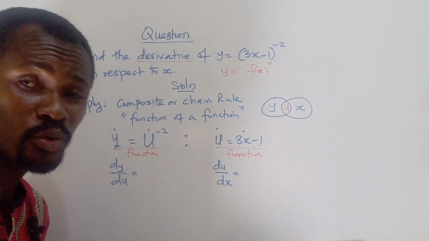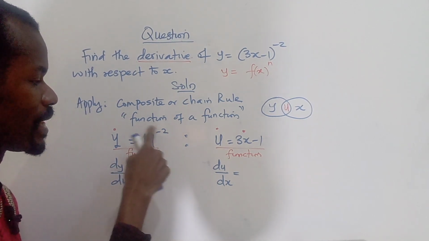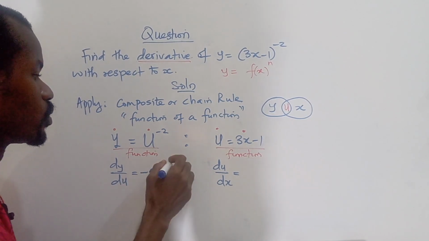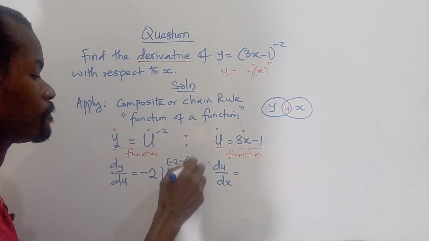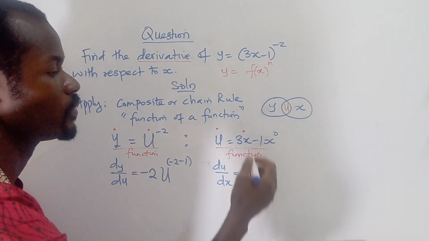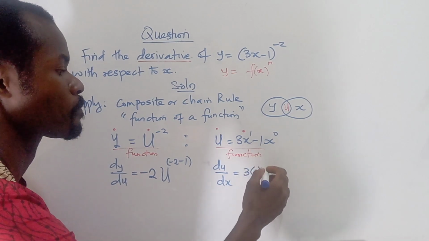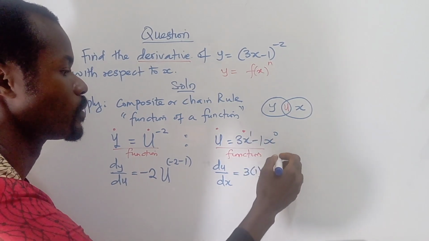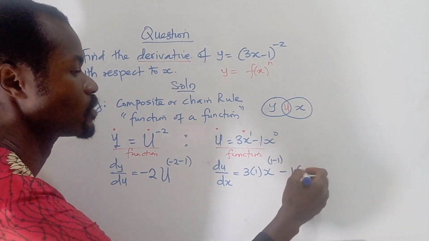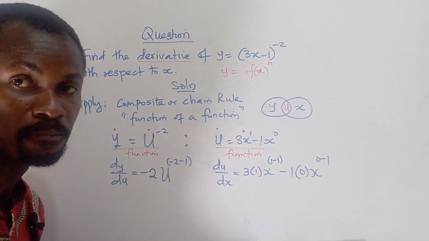Now we are going to use the general method. When you are differentiating, you subtract 1 from the power and use the power to multiply. So we have minus 2 u raised to the power of minus 2 minus 1. For this, I can decide to write 3x minus 1 as 3 times x raised to the power of 1 minus 1 times x raised to the power of 0. So 1 will multiply 3, and we subtract 1 from the power. The 0 will come down to multiply the 1, and we also subtract 1 from the power.